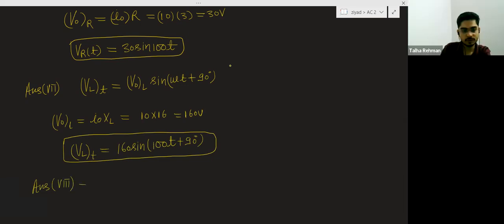Now in the 8th part they are asking voltage across the capacitor. This is given by V is equal to peak voltage across the capacitor sine omega t minus pi by 2, or minus 90 degree.